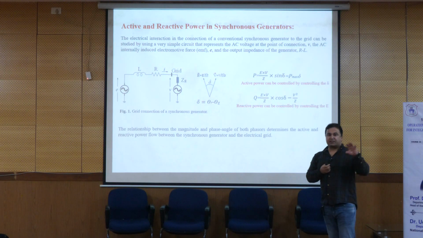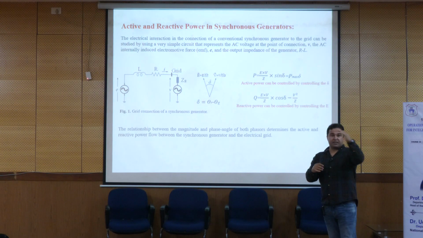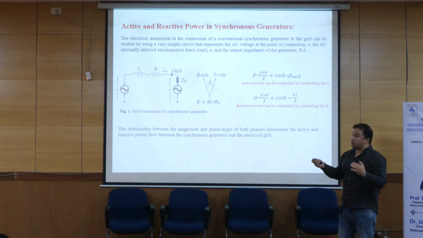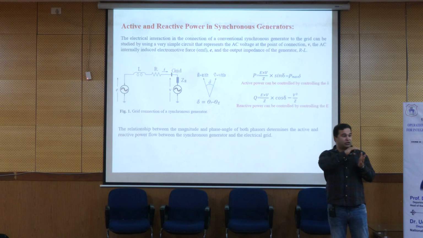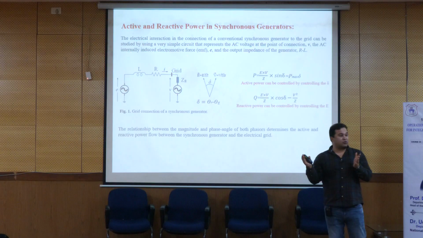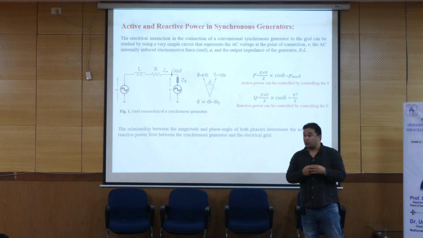You see that this is a source, this is another source here, and because we have a generator, it means that we are injecting power from the generation to the consumption, so the grid can be considered as a load, and we supply the load.